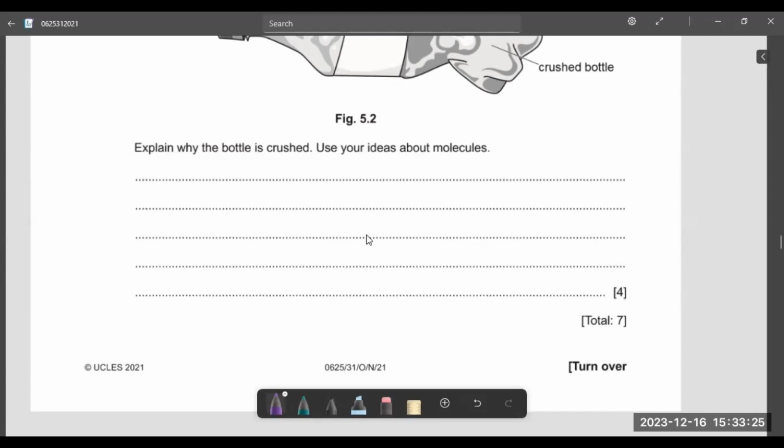So here, when the air is removed from the bottle using a vacuum pump, the number of air molecules inside the bottle has been reduced. Because of that, the number of air molecules inside the bottle decreases.